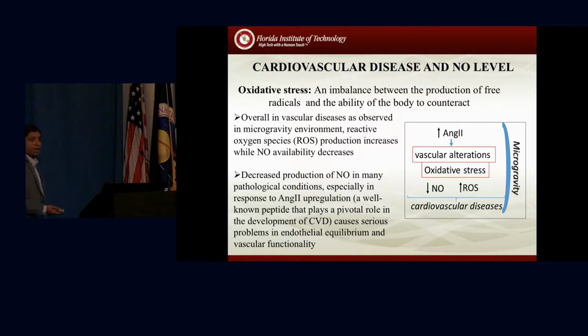Again, in microgravity or in space radiation, we are looking at oxidative stress. We know that with oxidative stress, your ROS is going to increase and your availability of NO is going to decrease. We are focusing on both, but right now we are starting with nitric oxide, because upregulation of angiotensin 2 will cause a problem in endothelial function because of the decreased NO level.